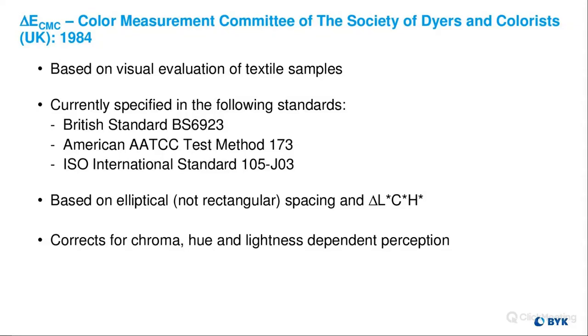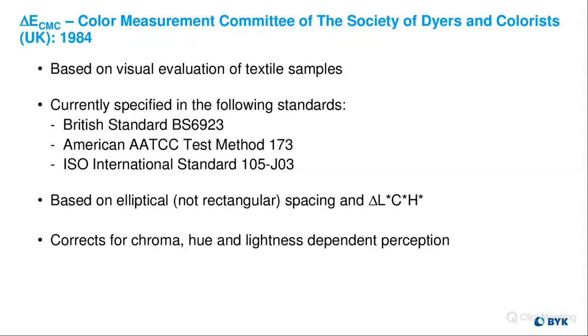So Delta CMC was based, like I said, on visual evaluation of textile samples. And it was based on the following standards: British Standard BS6923, the American Test Method 173, and also the ISO standard. Again, this is not rectangular like CIELAB was.